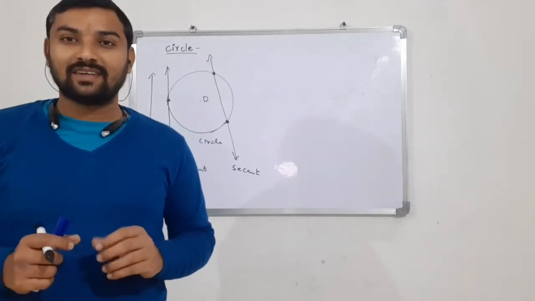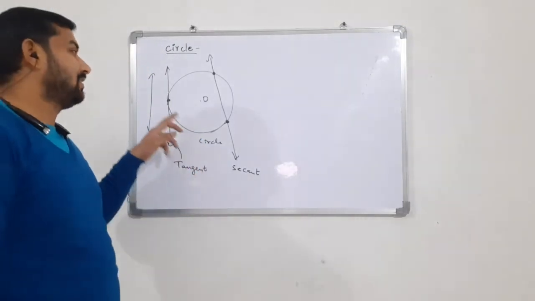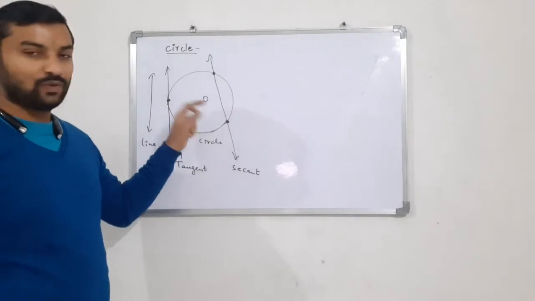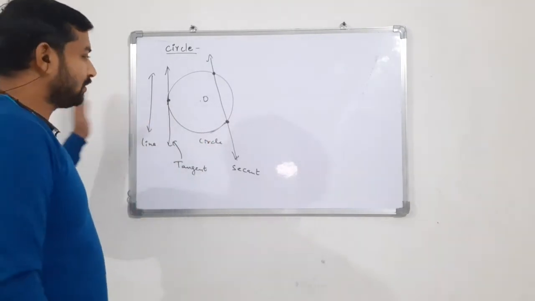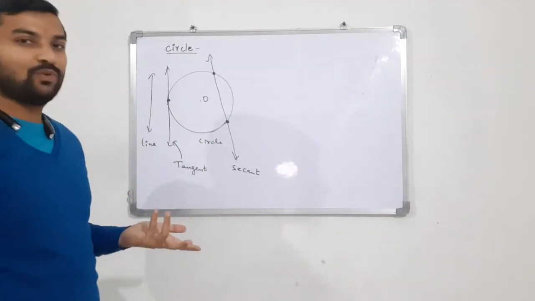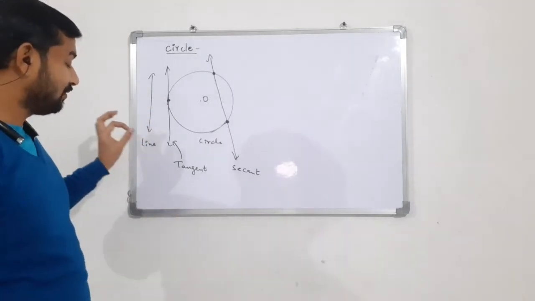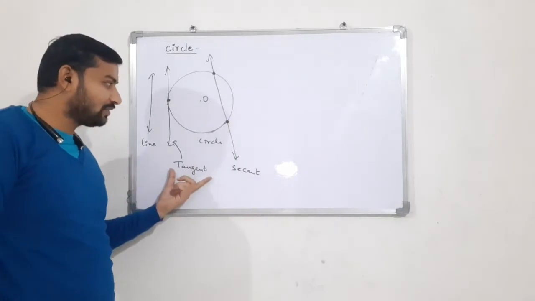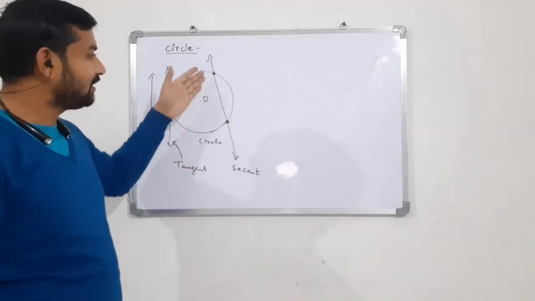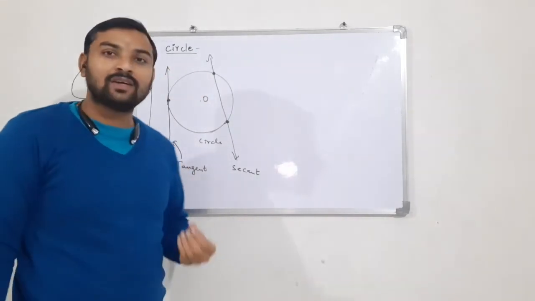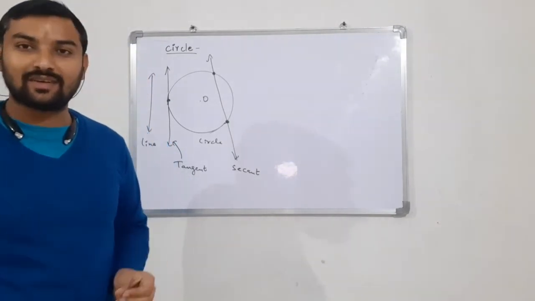The circle can intersect with a line at either 1 point or 2 points, or if it is outside of the circle, then there will be no point of intersection. So if it is touching or intersecting at 1 point, the line is called a tangent to the circle. Then if it is intersecting at 2 points, it is called a secant to the circle.